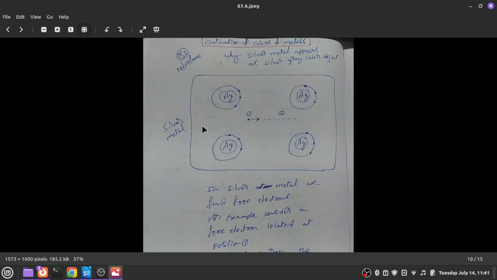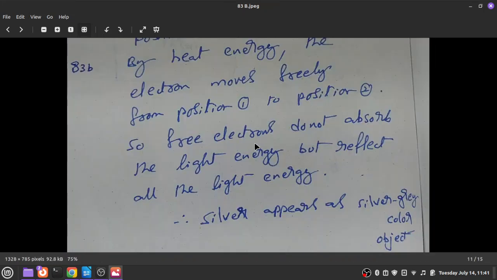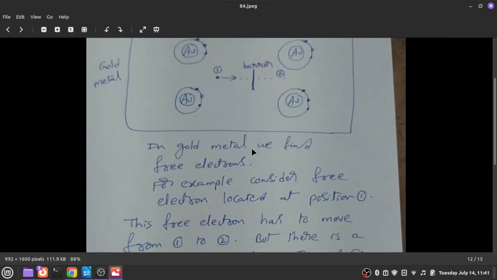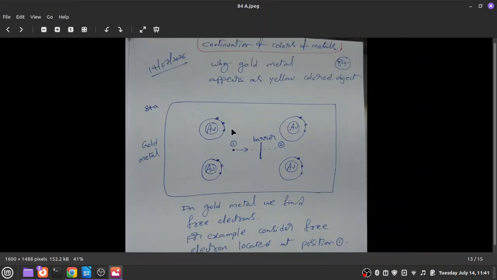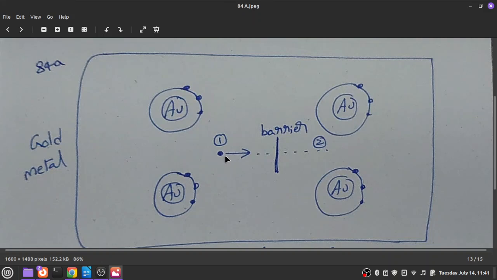Now coming to gold. Gold is represented by the letters Au. Here also for gold I have shown 3 bound electrons each, and one free electron, and that free electron has to move from position 1 to position 2.